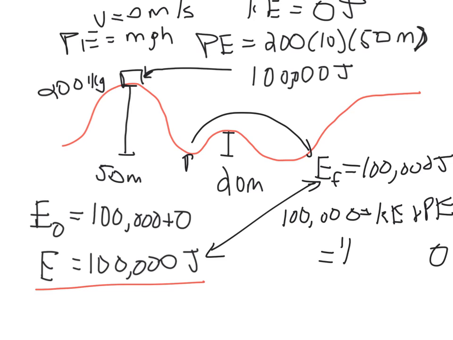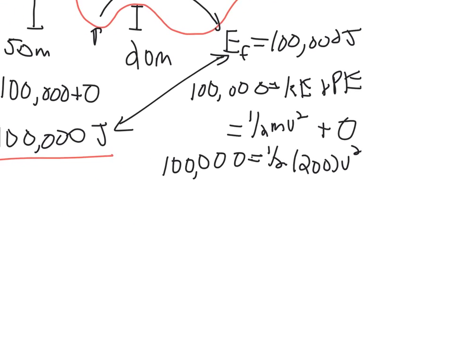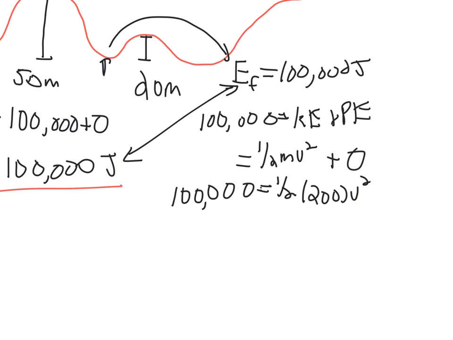But our kinetic energy is still going to be 1/2 mv squared, which leaves us with just 100,000 equals 1/2 times that mass still of 200 times v squared. So now I went from having a total energy to now I'm just able to solve for my velocity. I can see how fast this cart is going.